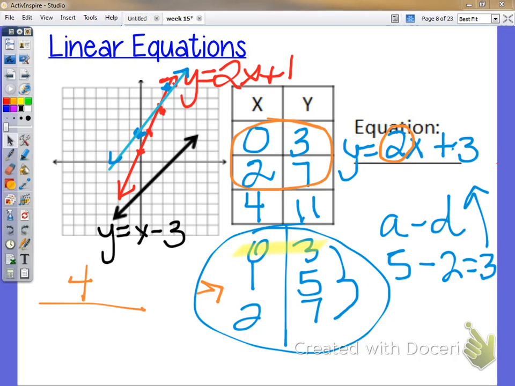So y is on top, x is on bottom. How much did the x change from 0 to 2? 2. What's 4 divided by 2? 2. So see how we can get that 2 without having to rewrite the whole chart right there. Y over x. How much did y change? How much did x change?